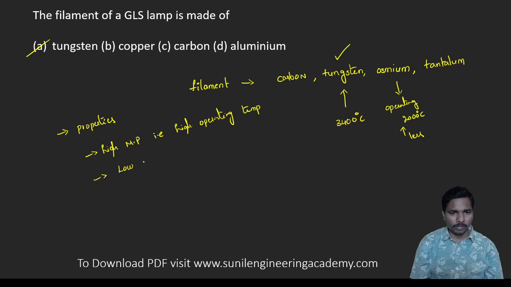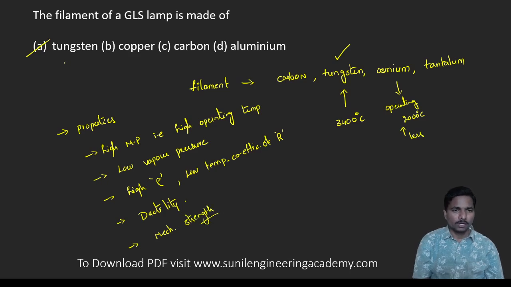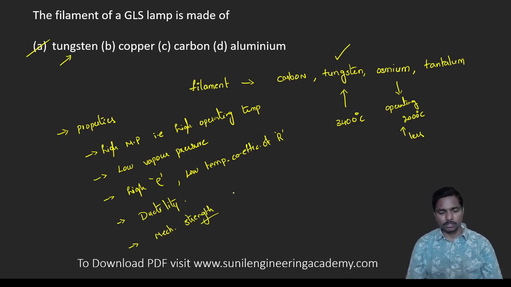It must have low vapor pressure, high specific resistance or high resistivity, and a low temperature coefficient of resistance. It must have the ductility property, so you can make very thin wires from it, and sufficient mechanical strength. We can get all of these from tungsten, so we go with tungsten.